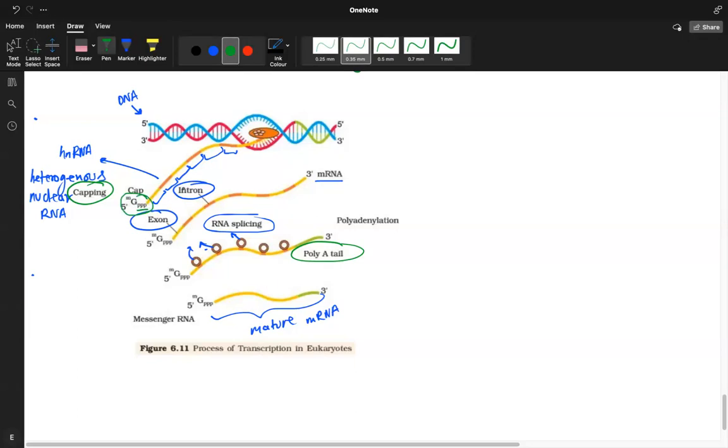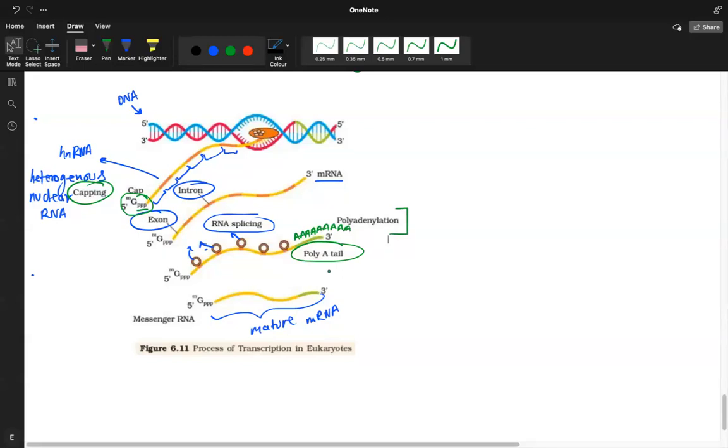So that is the cap. You put a cap on it, and then you put a tail. Tail is nothing but a long sequence of A, adenine. So lots of A are attached. When I say A, it's not the alphabet A, but the adenine molecule that is attached. So it's called polyadenylation. Tailing process is called polyadenylation. These two things at the front and at the back of the mRNA keep it stable and protected, and prevent it from degradation. Is that clear, everyone?